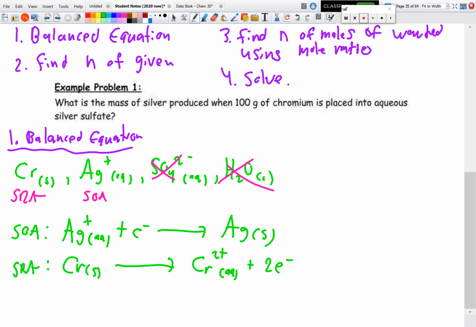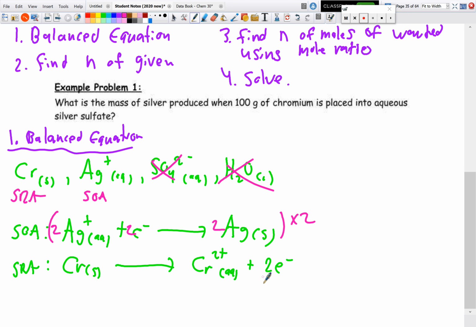And of course, we need to get our redox reaction where we're going to add these 2 together. In this case right here, we see 1 electron from our silver reaction. We have 2 in our chromium. So we're going to have to multiply our top equation by 2 to get new coefficients in front.